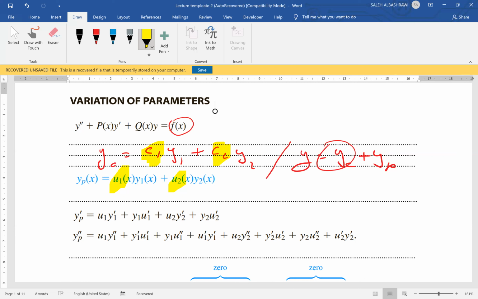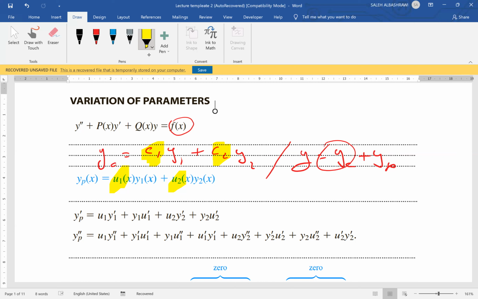Now, if we use this combination for the particular solution, yp equal to u1 of x y1 of x plus u2 of x y2 of x, and find the first derivative and second derivative for this one, and plug it in the differential equation, simplify it, we will have this expression: d by dx of y1 u1 plus y2 u2, plus p times y1 u1 prime plus y2 u2 prime, plus y1 prime u1 prime plus y2 prime u2 prime equal to f of x.